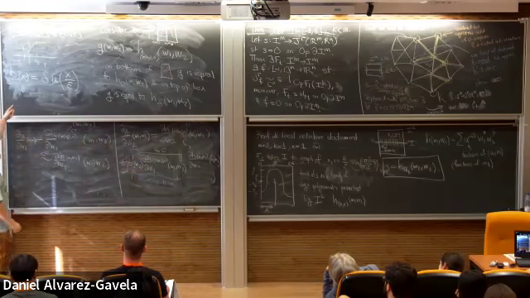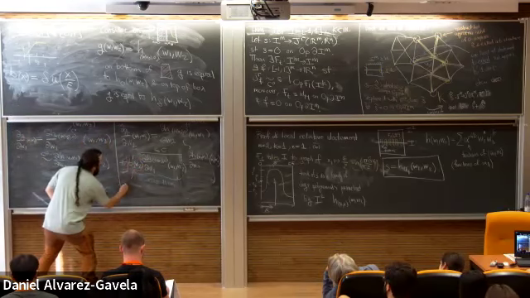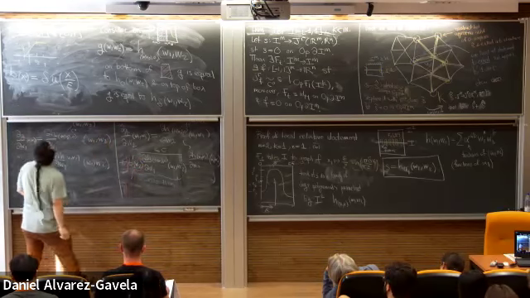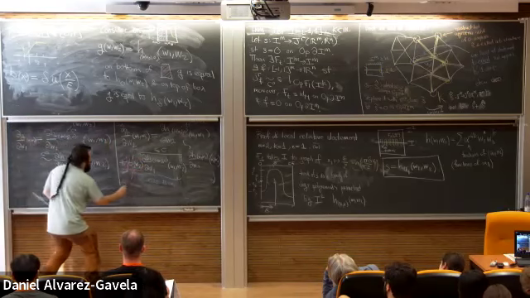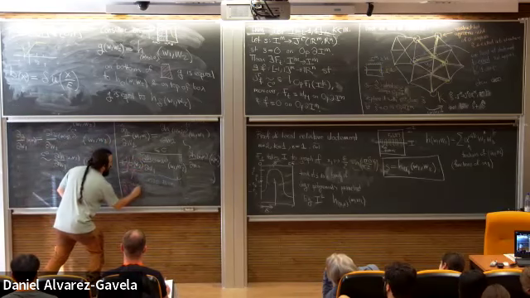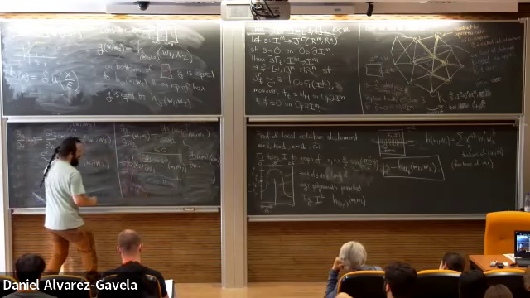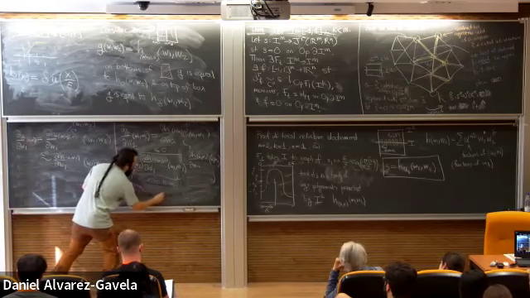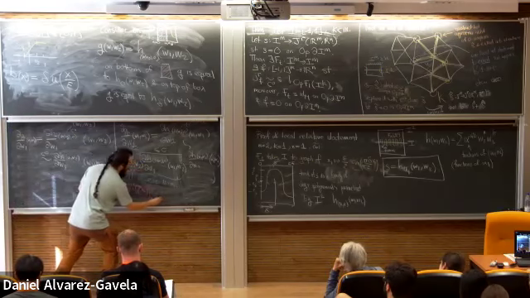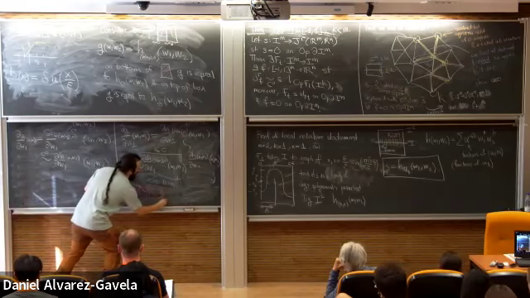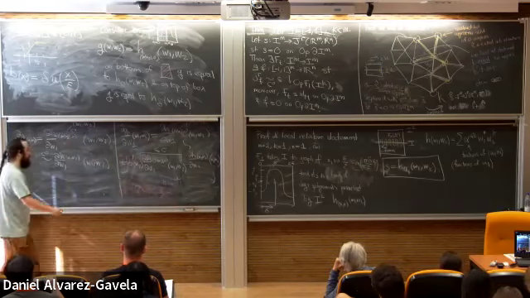Well, again, by the chain rule, it's delta over epsilon U prime W2 over epsilon. So that is bounded by delta over epsilon times some constant.